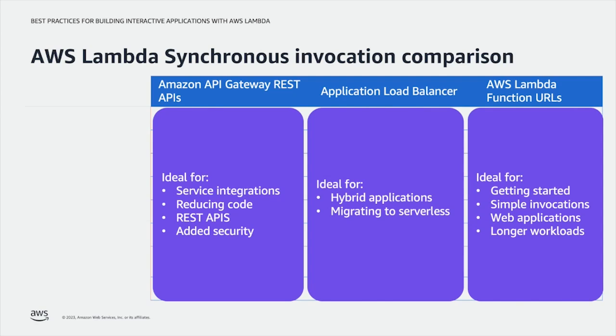Application Load Balancer, on the other hand, is ideal for hybrid applications that might use Lambda and EC2, and for migrating between those services is a really good option. Function URLs is great for getting started with serverless and Lambda, ideal for simple invocations of Lambda, things like web applications, and because of that different cost model and that 15-minute timeout, it's great for longer running workloads.